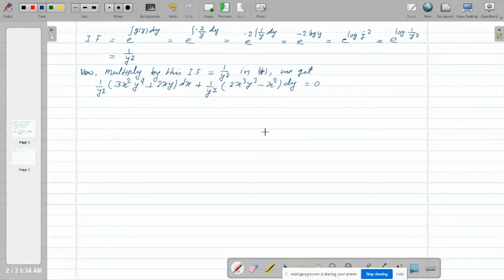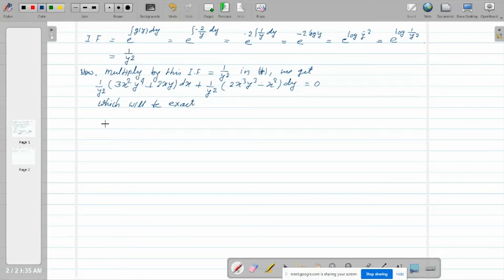And this will be exact. There is no need to show whether it is exact or not, so it will automatically be exact.